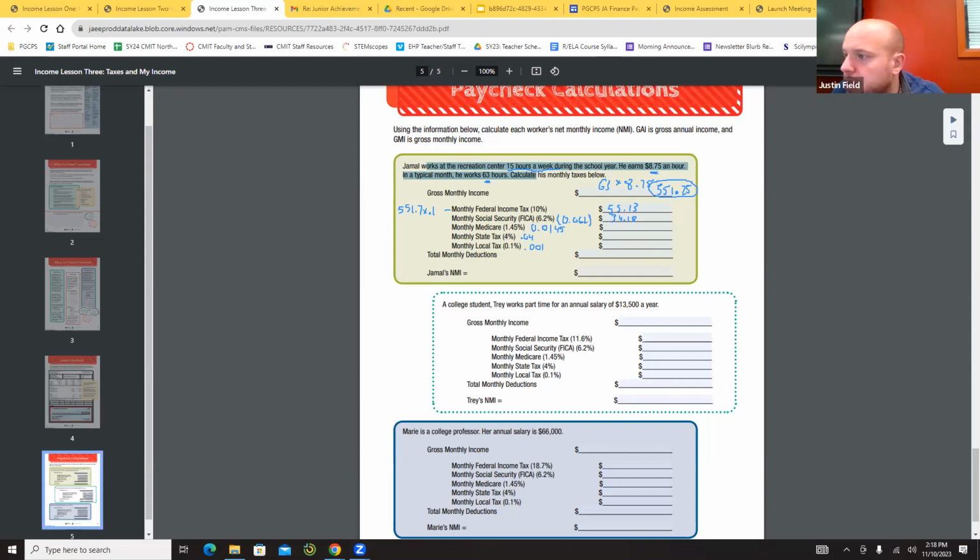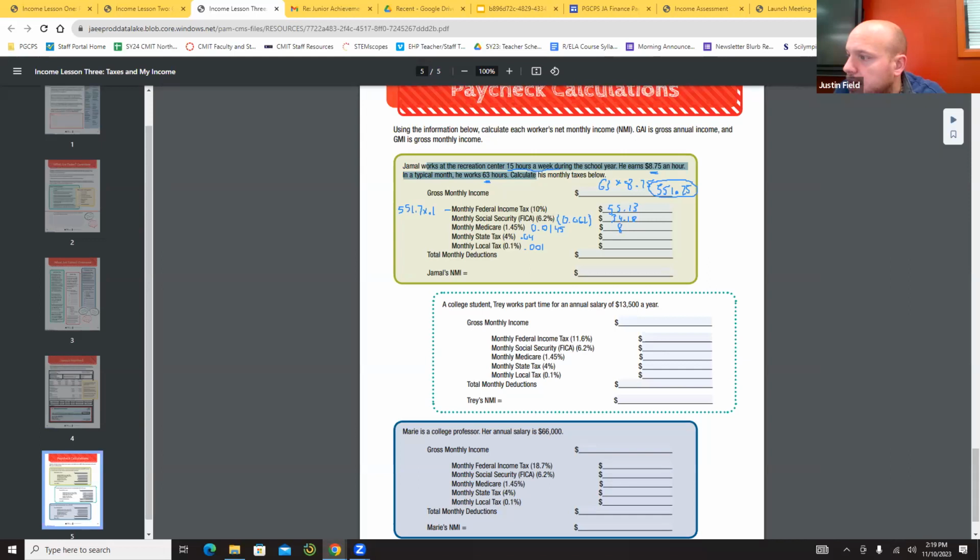Monthly Medicare, so I'm going to take and multiply 551.25 times 0.0145. And we get 7.99. So it's going to round up to $8.